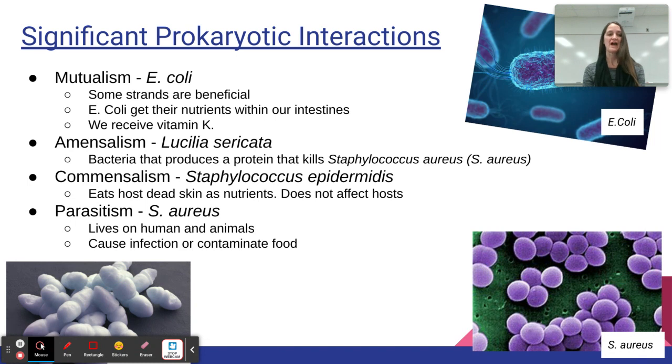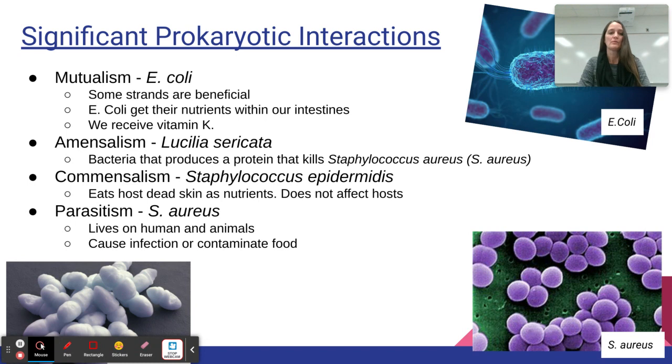The next example we have is amensalism, and an example is Lucilia sericata. And with this, it's a bacteria and it produces a protein that kills the Staphylococcus aureus. So another example we have is commensalism, and that example that I'm using today is Staphylococcus epidermidis.